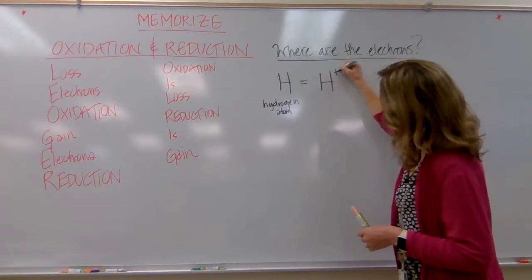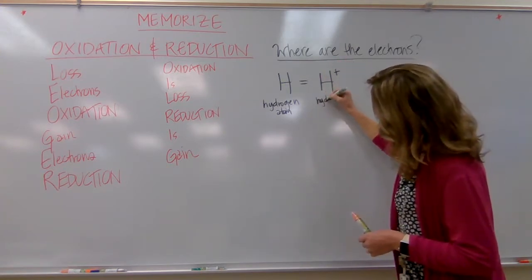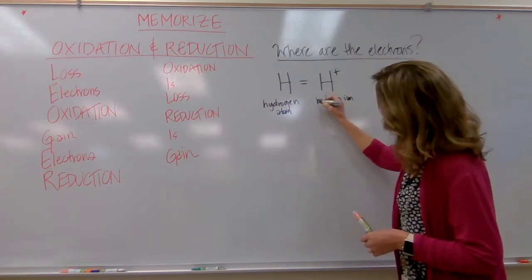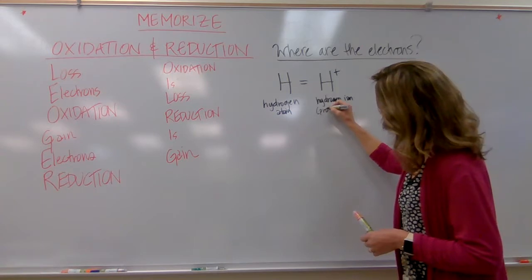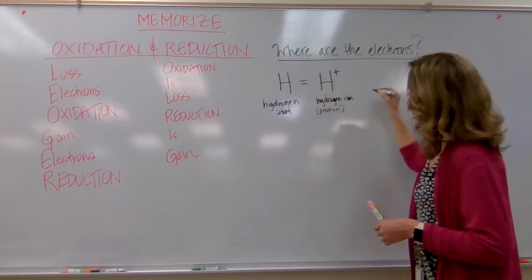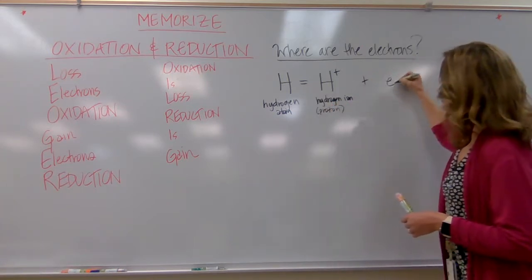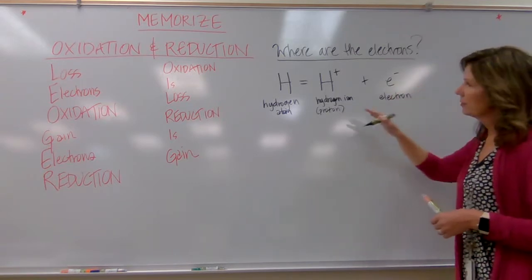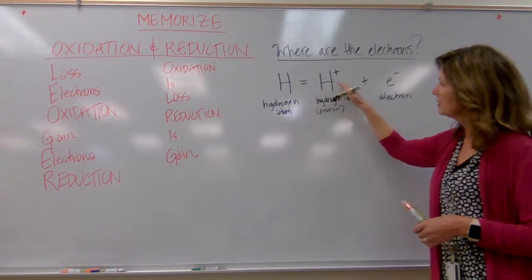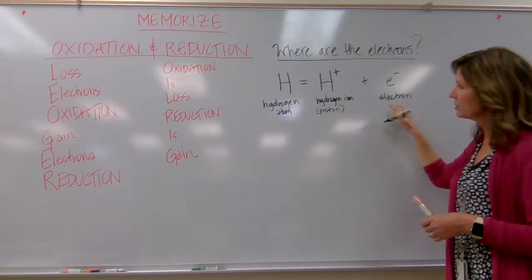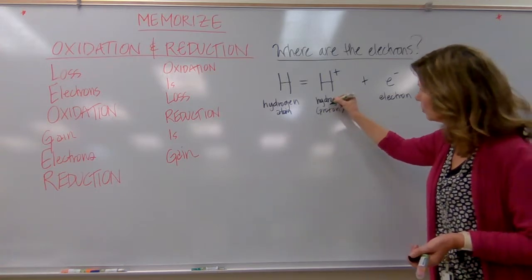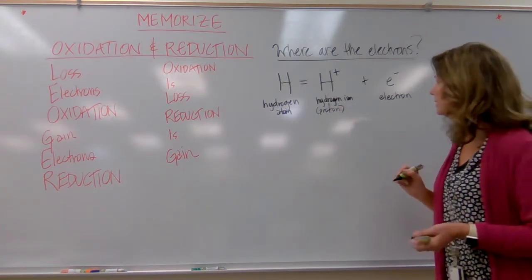just a hydrogen ion, which we also call a proton, plus an electron. So a hydrogen atom is equal to a proton and an electron. Remember, your proton is equal to that hydrogen ion.